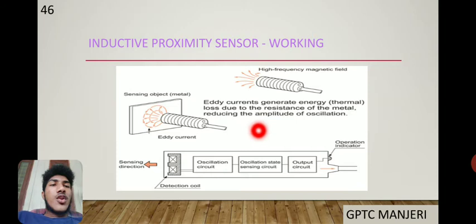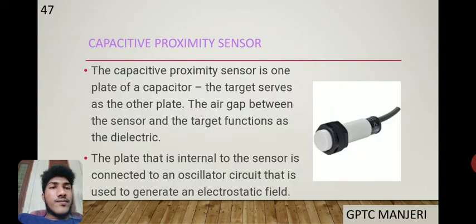When a metallic object enters the magnetic field region, there is an amplitude change, and that difference is detected and measured and sent as an electrical signal to the microcontroller.